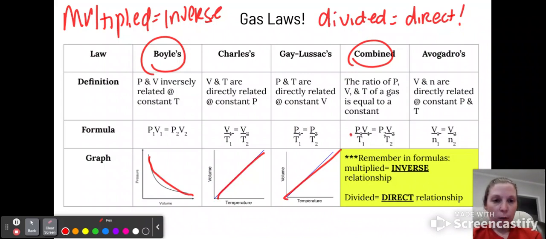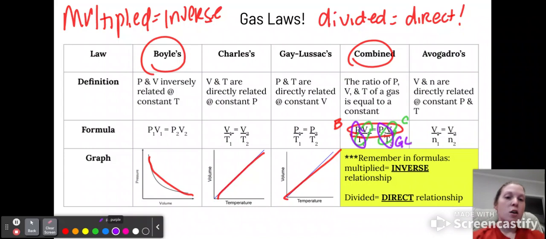So if you look, we've got P1 V1 is equal to P2 V2. That's Boyle's. We've got V1 over T1 is equal to V2 over T2. That is Charles's. And then we've got P1 over T1 is equal to P2 over T2. And that is Gay-Lussac's.